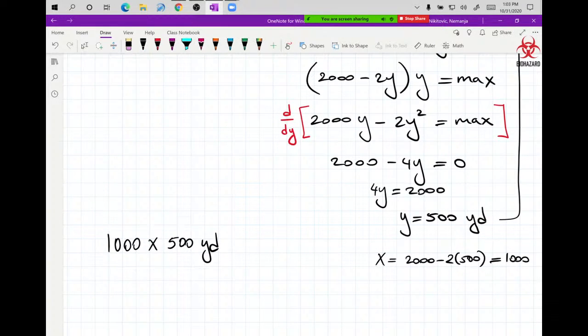And if you multiply 1 times 5 and then 5 zeros, you see that your area is now doubled than what you had before, because obviously, right, you are using a river as a fence as well, so technically you have more fence. So all of this should make sense, right?